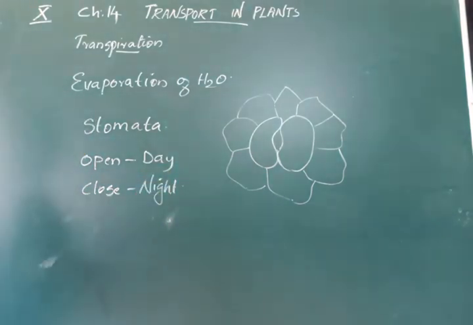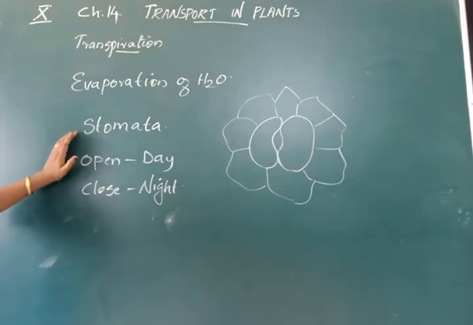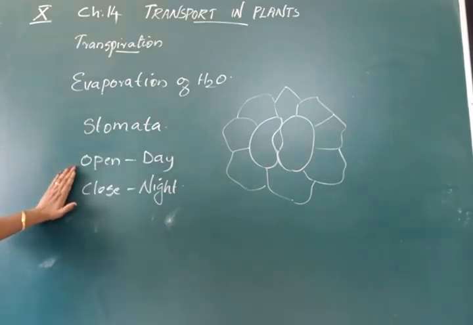So transpiration is the evaporation of water from the aerial parts of the plants through stomata, which are open in daytime and closed in night time.